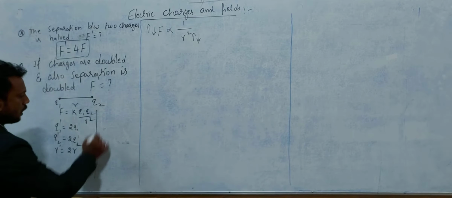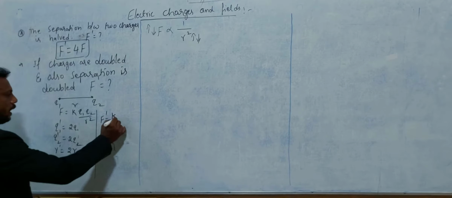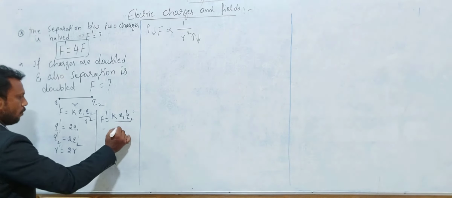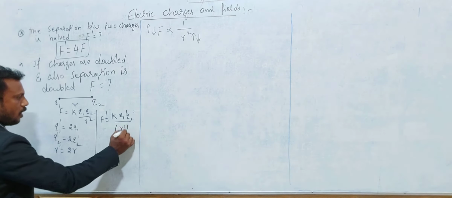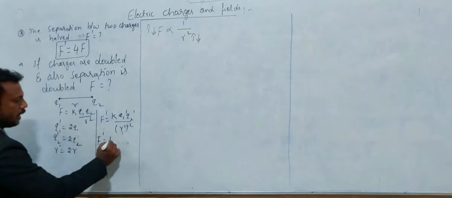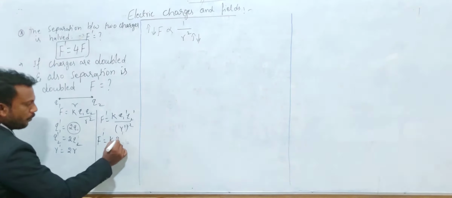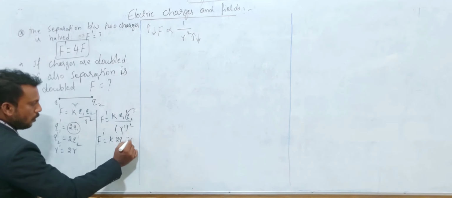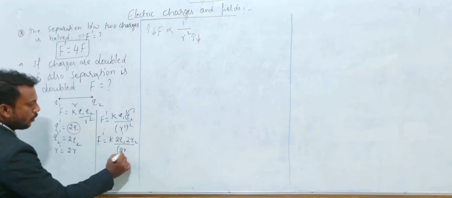Therefore, the new force F dash is equal to k into q1 dash q2 dash divided by r dash square. Clear? F dash is equal to k into, q1 dash is 2q1, q2 dash is 2q2, divided by r dash, which is 2r whole square.